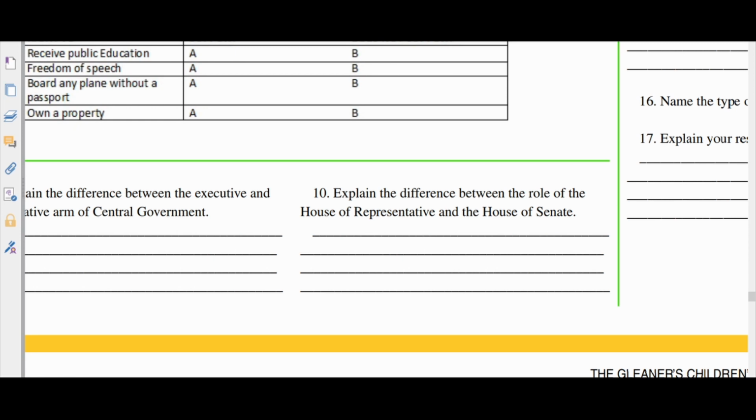When we did the previous video, they say one is a rubber stamp for the other. So the House of Senate would be the rubber stamp for laws coming from the House of Representatives. All right, I hope that captures the difference between the roles of the House of Representatives and the House of Senate.